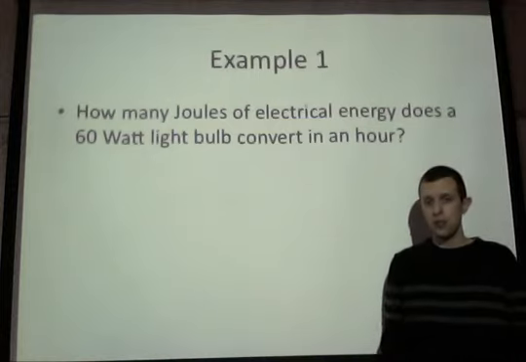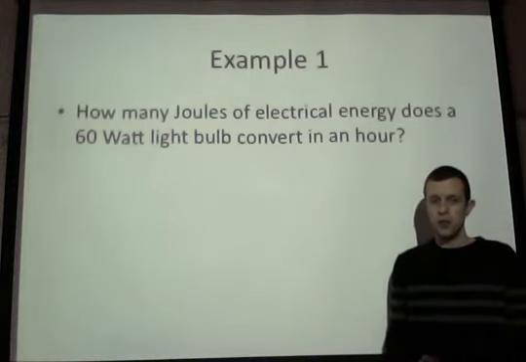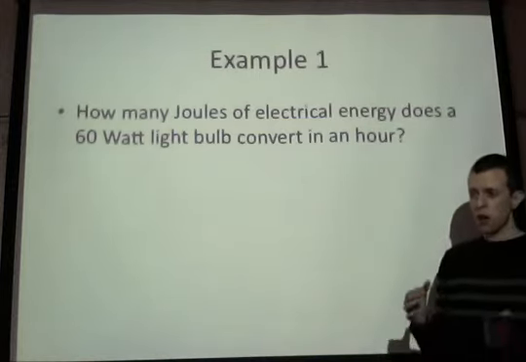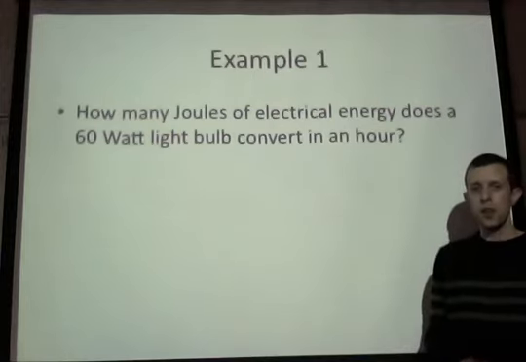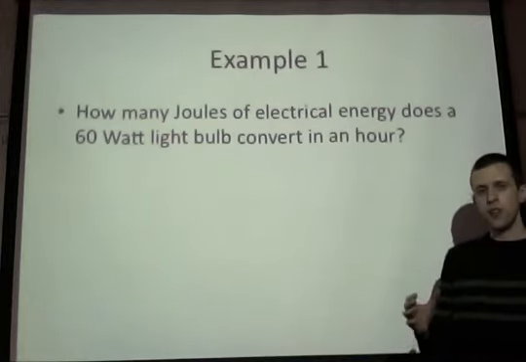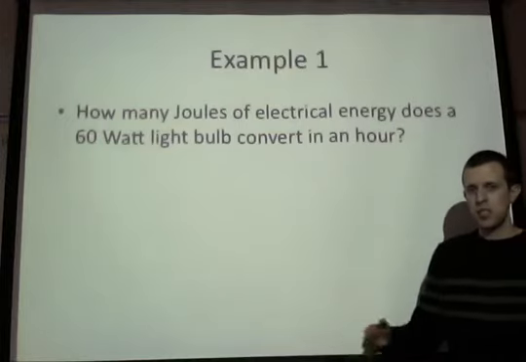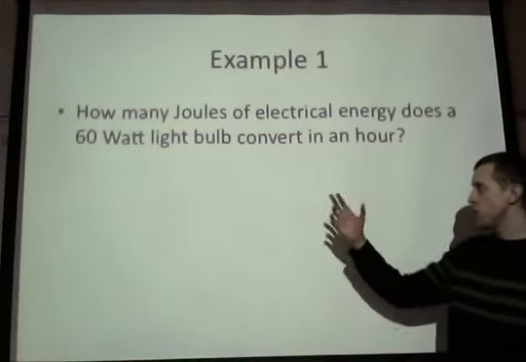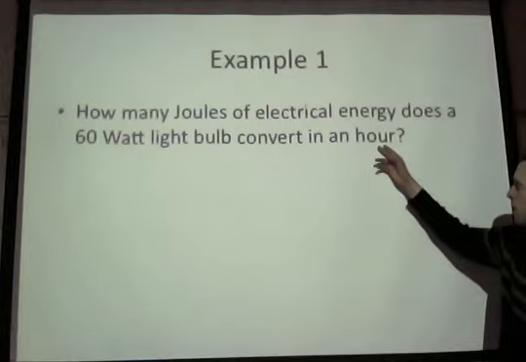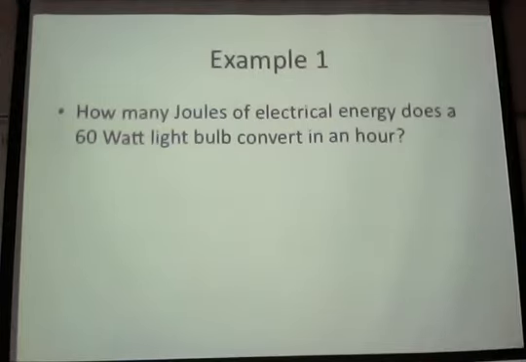The rest, in general, gets converted to heat. So not very efficient systems. That's why those new compact fluorescent bulbs are so much better. They're much more efficient. More of that energy turns into light and less into heat. So 60 joules every second. How many in an hour, then, is the question.